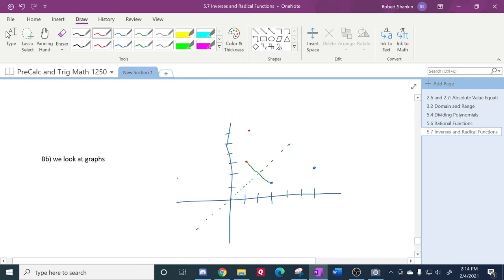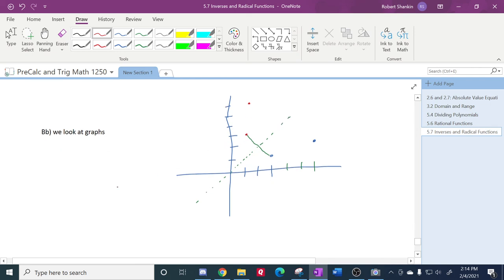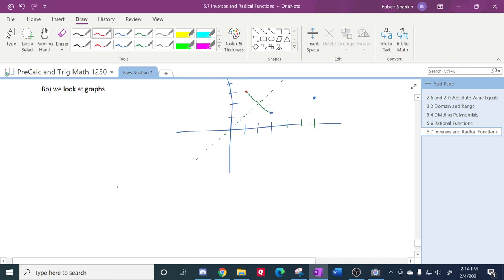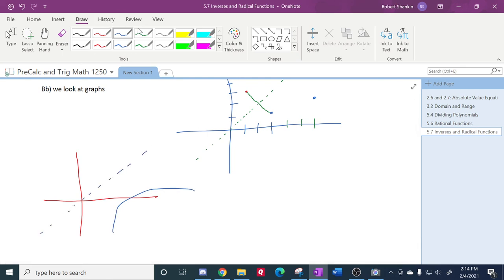And so what happens on an inverse function is the original function, if it had a certain shape, well, when we reflect it across this line, we'd see that same shape come over here.